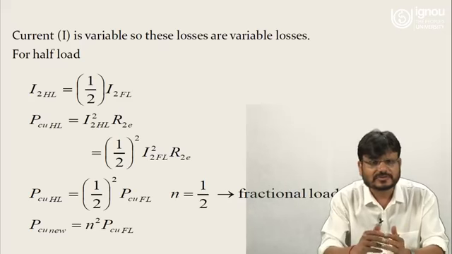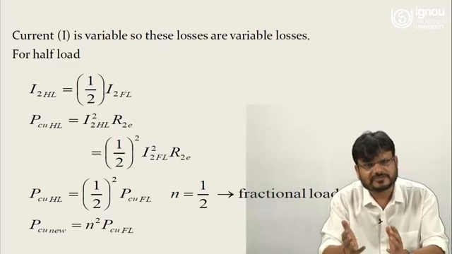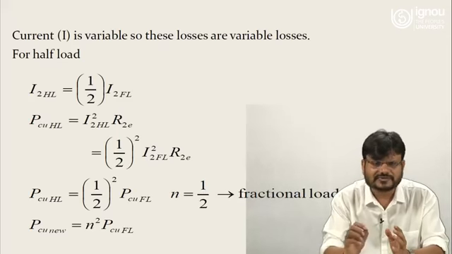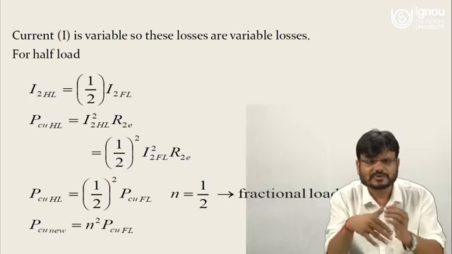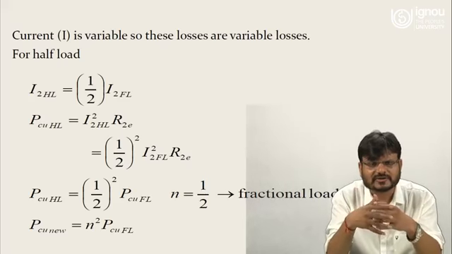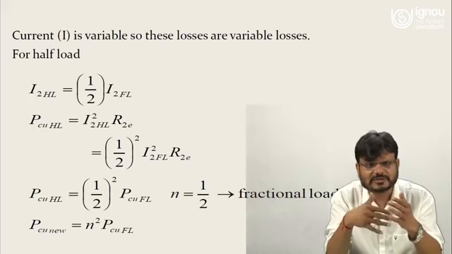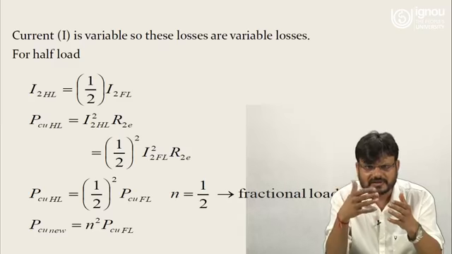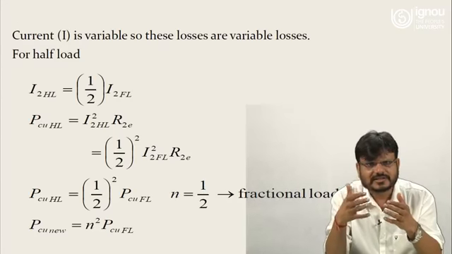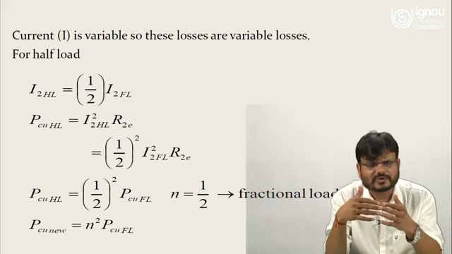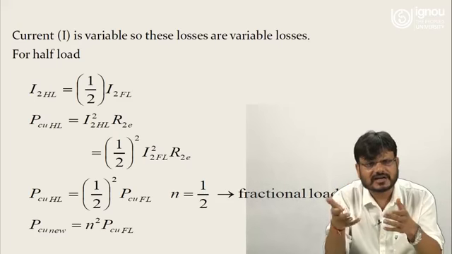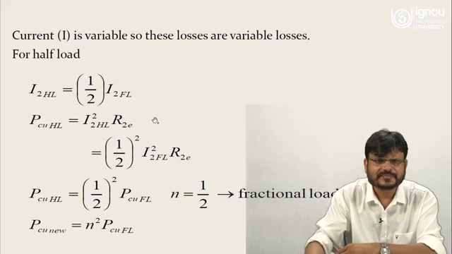So PCU is equal to I square R, where I is the current at full load. Now suppose you want to calculate the copper losses at half full load. If I2FL is the full load current, then the half full load current is just I2FL divided by 2.